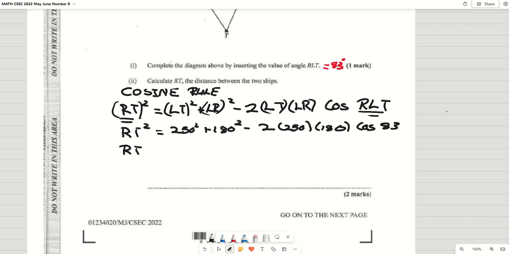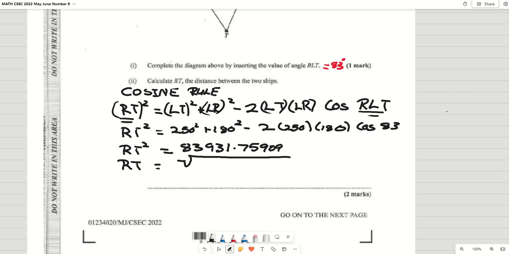RT squared is equal to 83,931.75909. Please do not approximate just yet, because the answer you'll get will be a little bit off. We want the answer to be as close as possible to the actual answer.